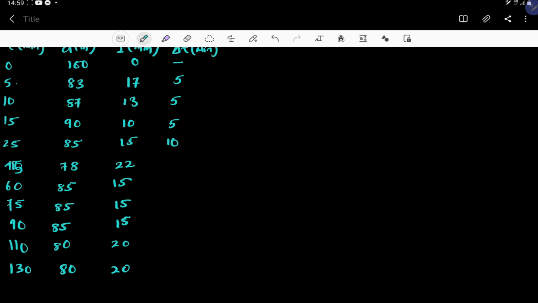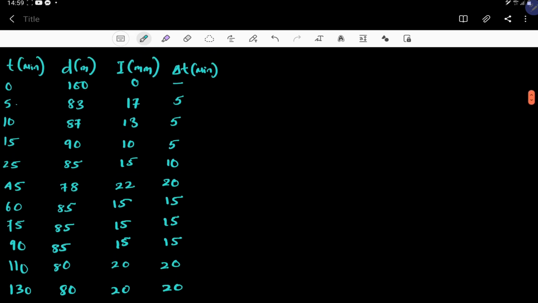I made a mistake here. After 25 minutes they are recording at 45, which makes this time interval 20. Then 60 minus 45 is 15, again 15, then 20. 110 minus 90 is 20. 130 minus 110 is 20 minutes. So this is in minutes.